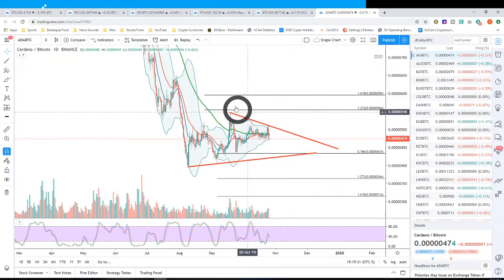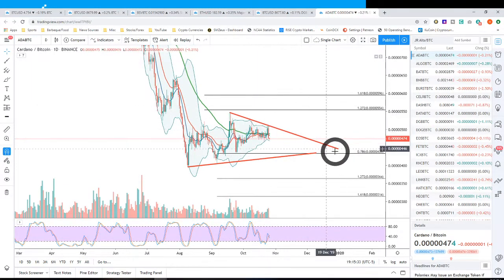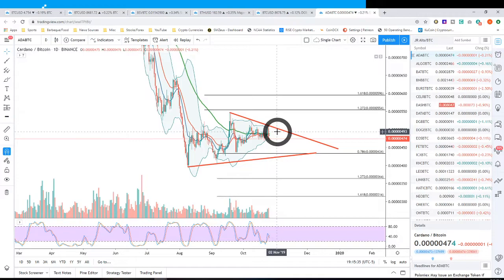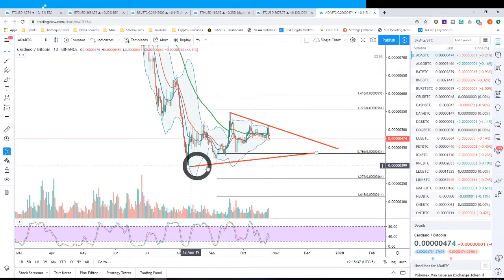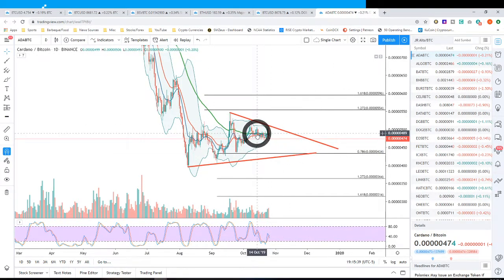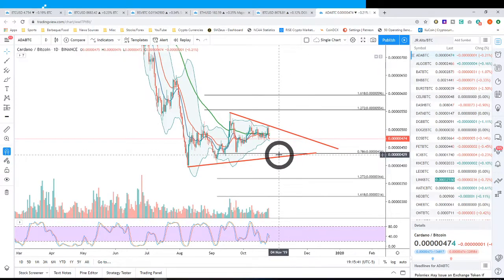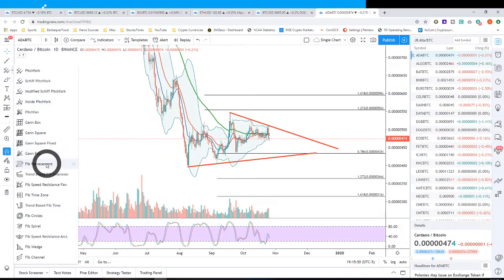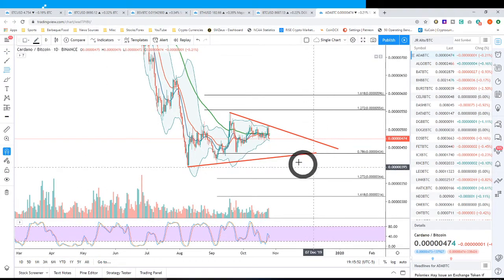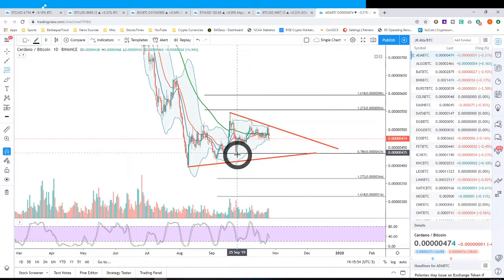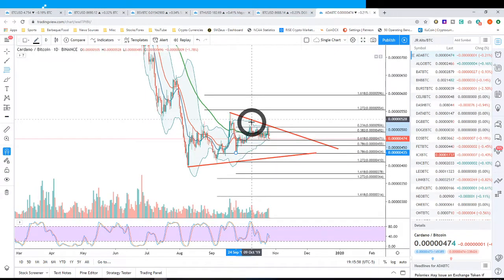So that's one thing to look at, this downtrend line right here. Right there, you got this uptrend line. So if it falls back down, it could still come back and test the 78.6. But let's do a fib retracement and see if something has changed. Let's go from this low to this high.